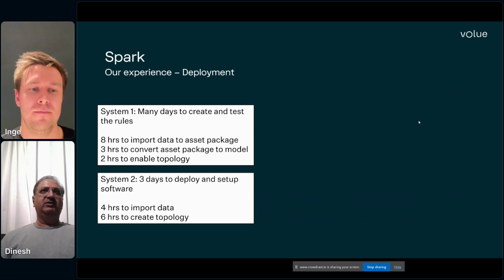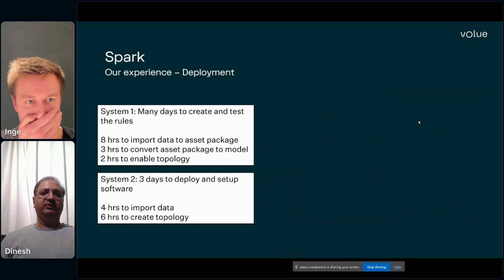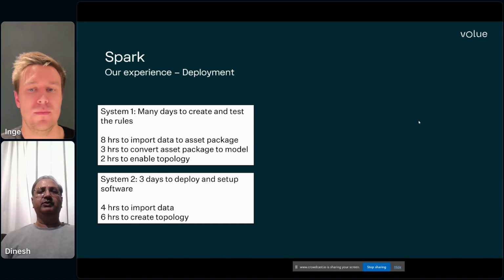Similarly, we tried to do better work on another system, which took us about 3 days to deploy the system itself. And then after improvements and lots of automation, it was like 4 hours to import the data and 6 hours to build the topology.